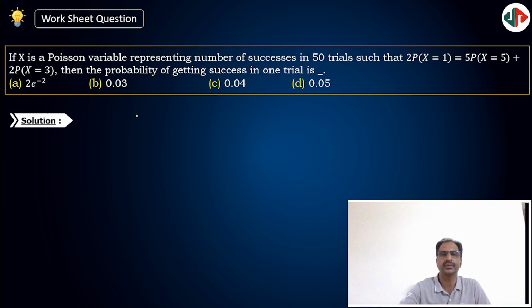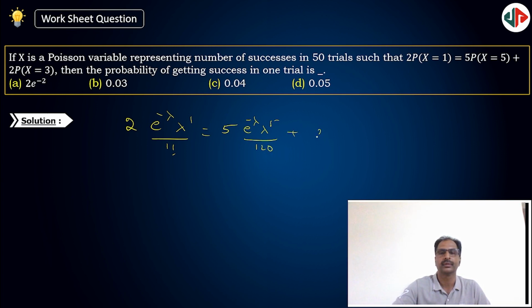Next, x is a Poisson variable representing a number of successes in 50 trials such that 2 into p of x is equal to 1, that is e power minus lambda into lambda power 1 factorial, equals 5 into e power minus lambda into lambda power 5 by 5 factorial, equals e power minus lambda into lambda power 3 by 3 factorial.